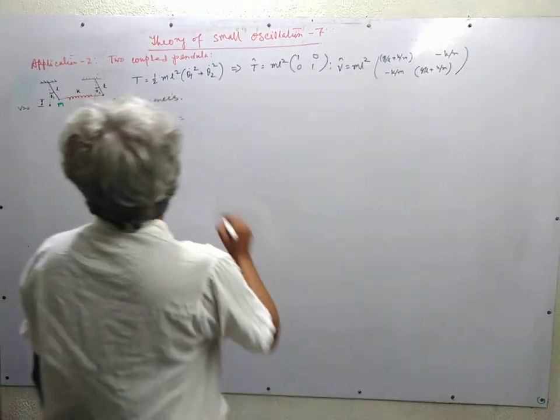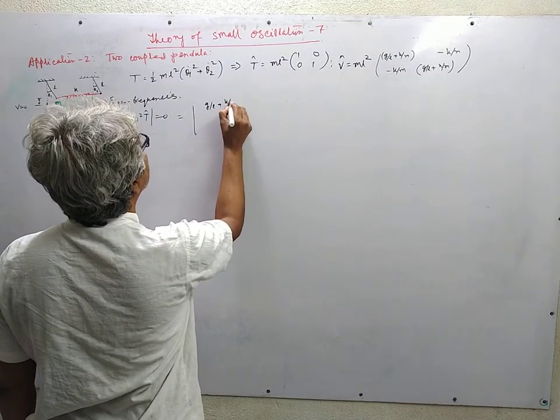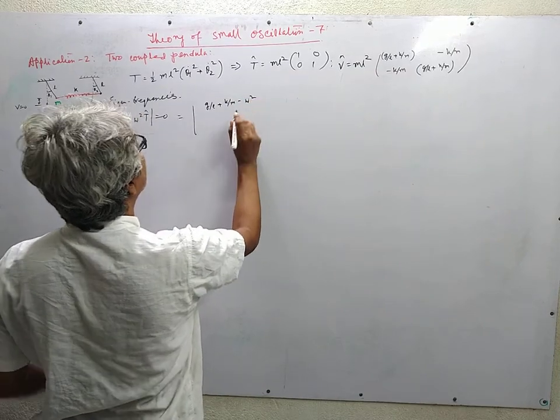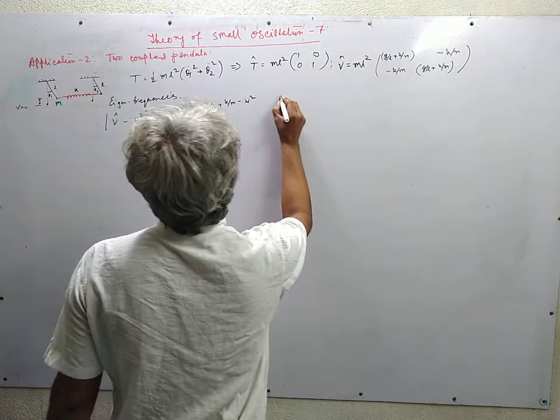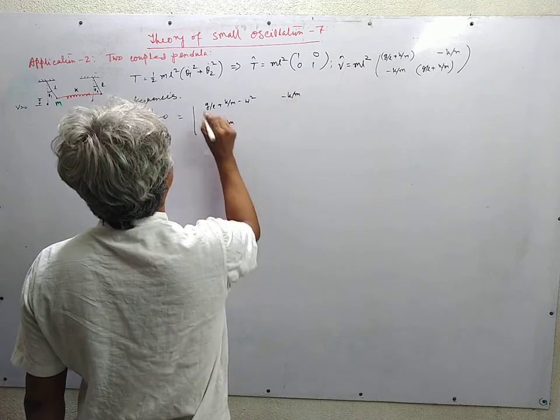So the corresponding determinant is g by L plus k by m minus omega square, and for the off-diagonal terms it is minus k by m, minus k by m.